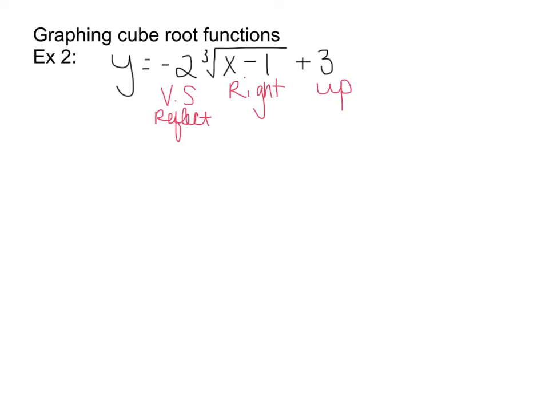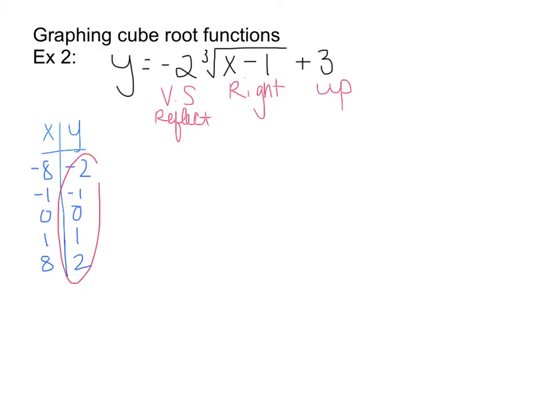So since I have a vertical stretch, I need to make my table of values. So start with your negative 8, negative 2, negative 1, negative 1, 0, 0, 1, 1, and lastly 8, 2. And I need to multiply them by what a is.